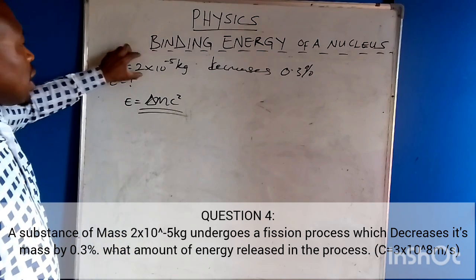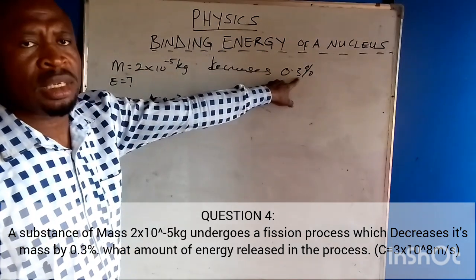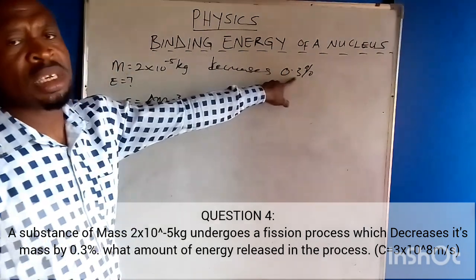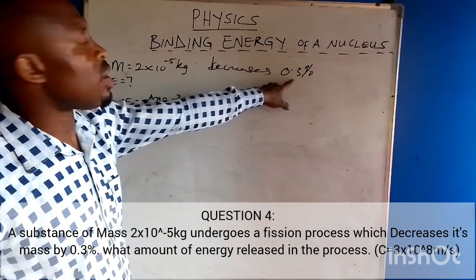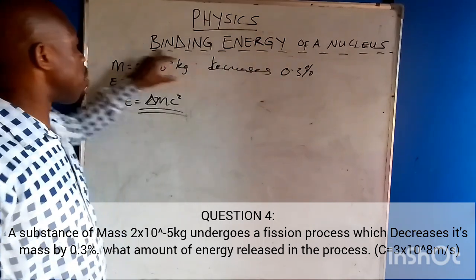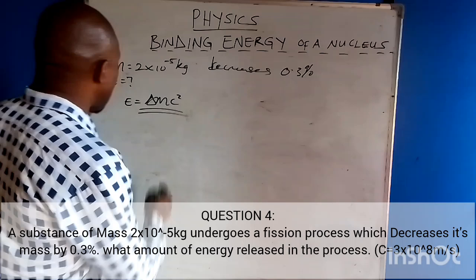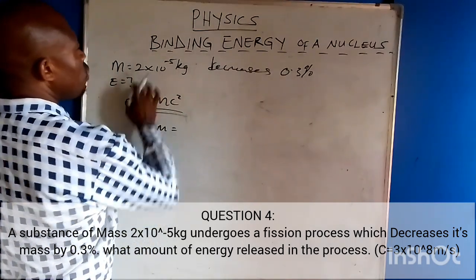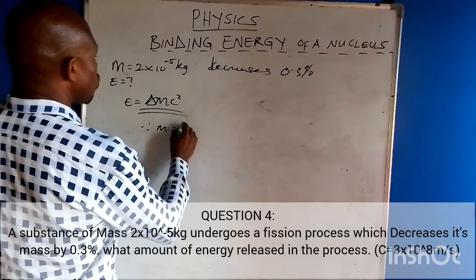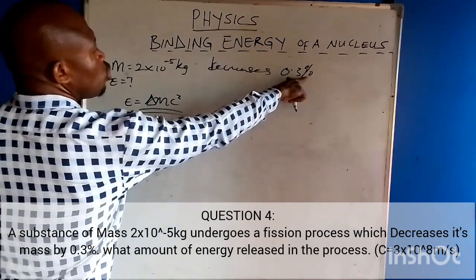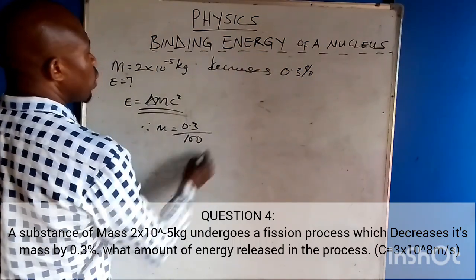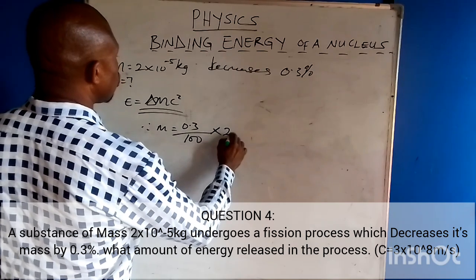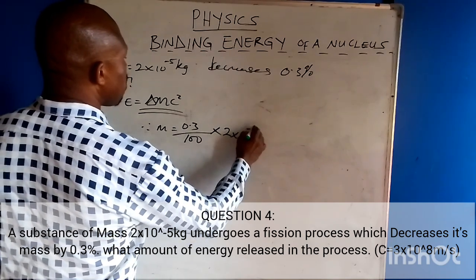Now, the only thing we have is this. This is the initial mass, and at the end of the day it was reduced by this. So what we need to do now is to find 0.3% of this. So the mass change will give us 0.3 over 100 times this mass, which is 2 times 10 raised to the power minus 5.